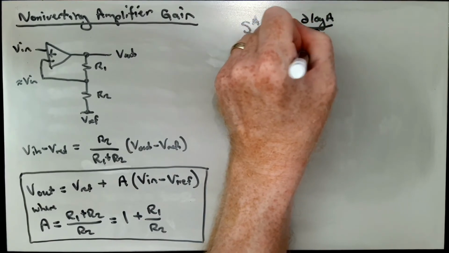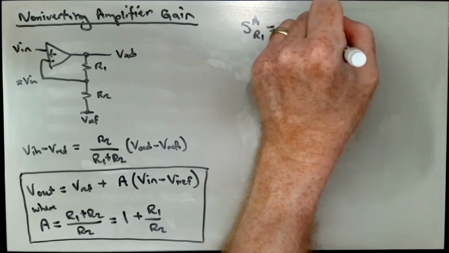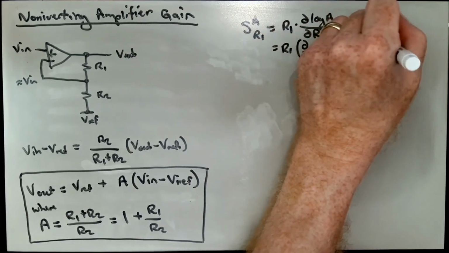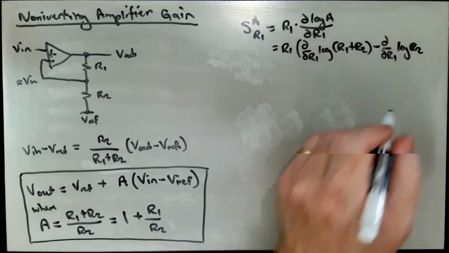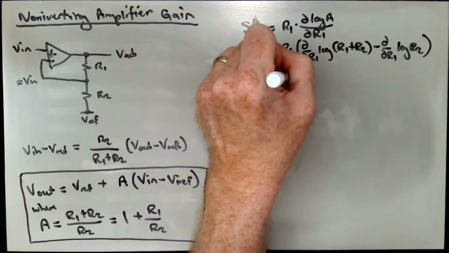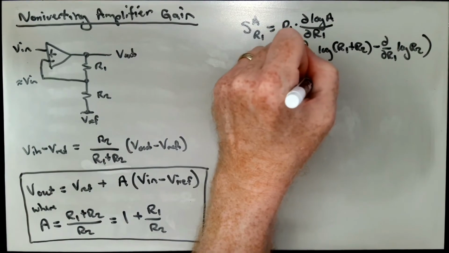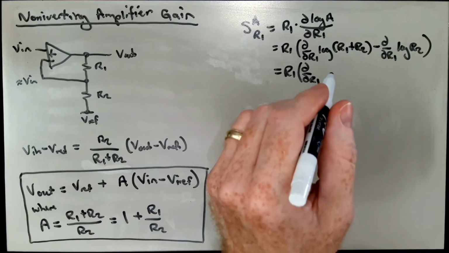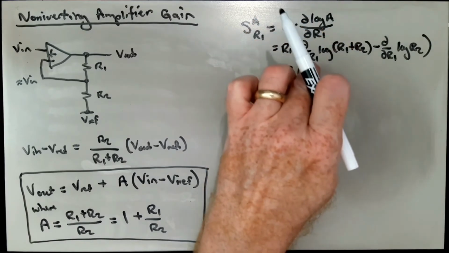times d by dR1 of log R1 plus R2, minus d by dR1 of log R2. Okay, so this is R1 times d by dR1 of... alright, we can do the derivative here.